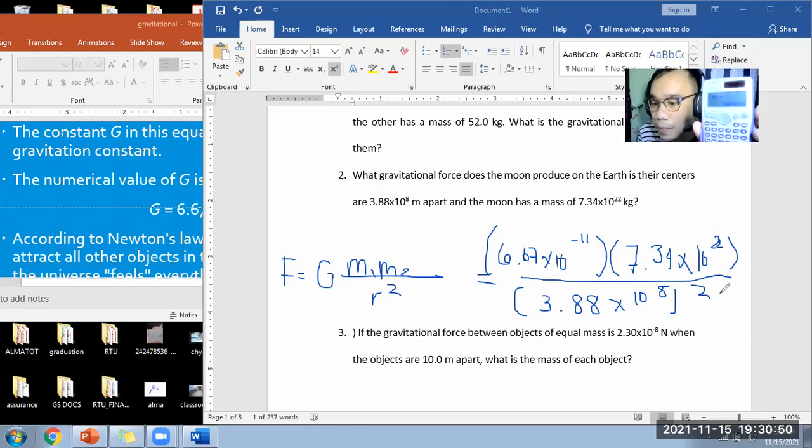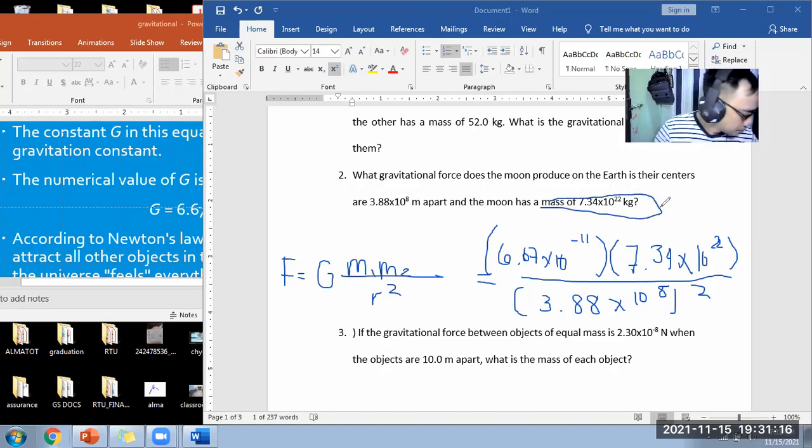Okay? Exponent 22. So, kaya i-ano nyo yung calculator. So, dapat may calculator kayo, kasama.